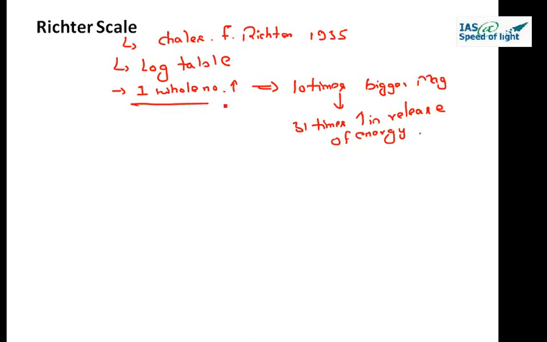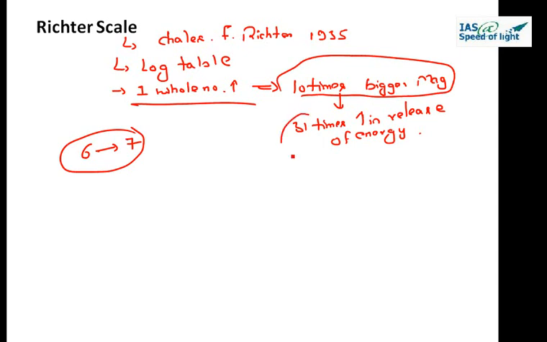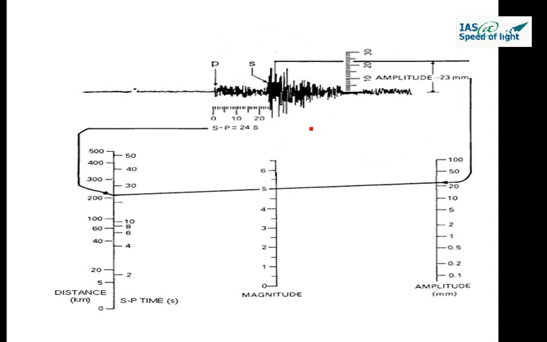Suppose from Richter scale 6 it increases to 7. It will mean the magnitude is increased 10 times, and energy is increased 31 times. So this is the Richter scale.